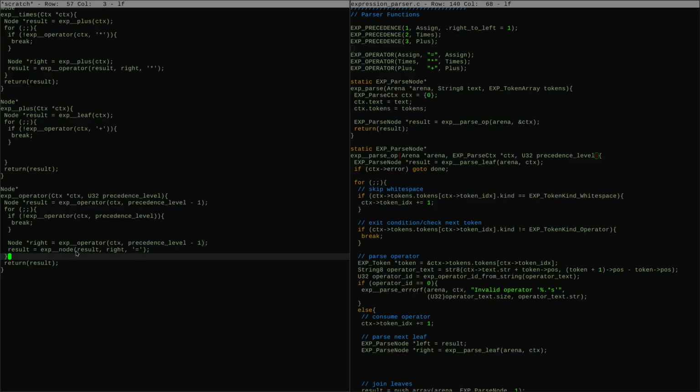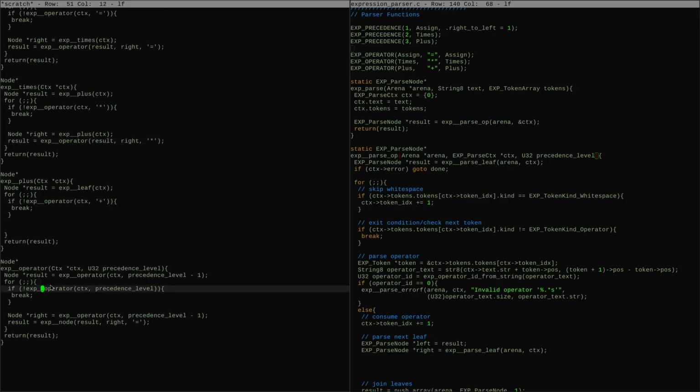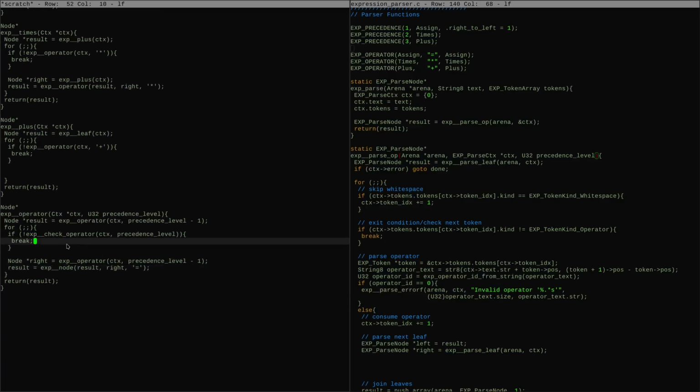I've got a new meaning for this name. This is the parser function, and this used to be, I've used this name a bunch of times, haven't I? This is like check operator. This is the parser for the operator. This is the node constructor now.